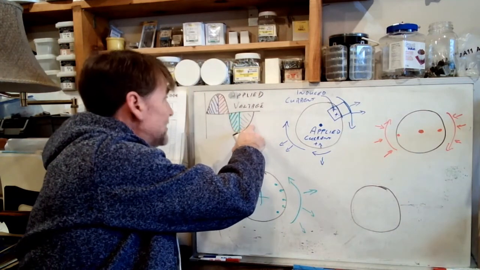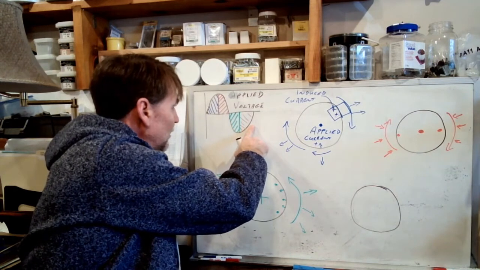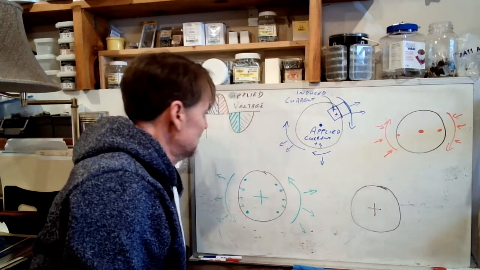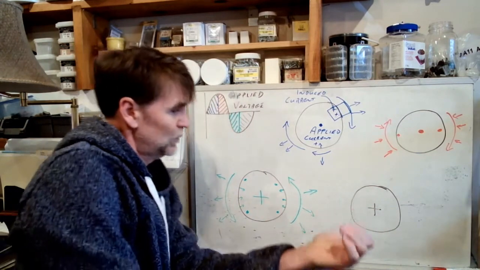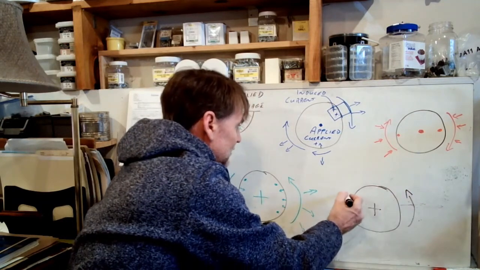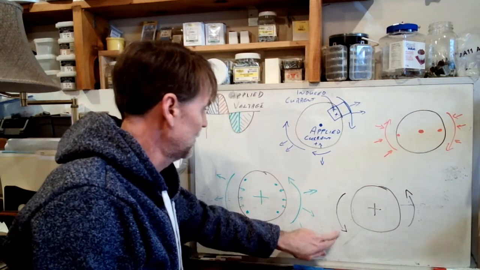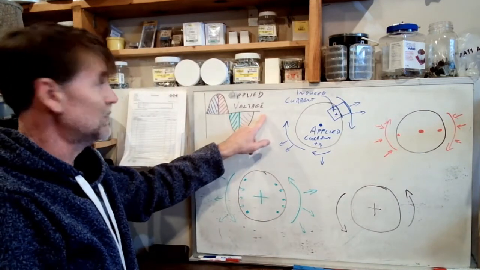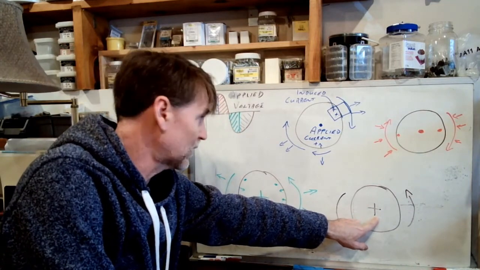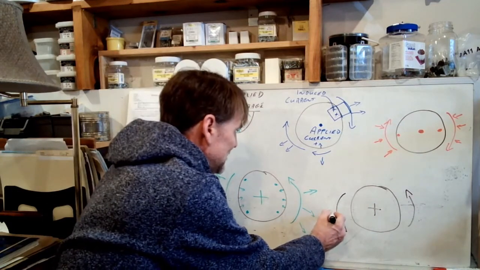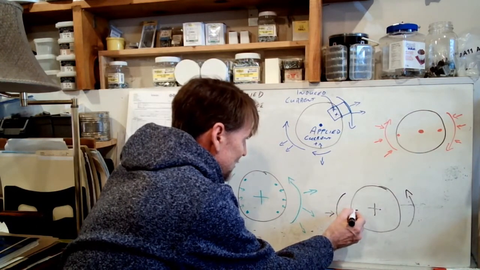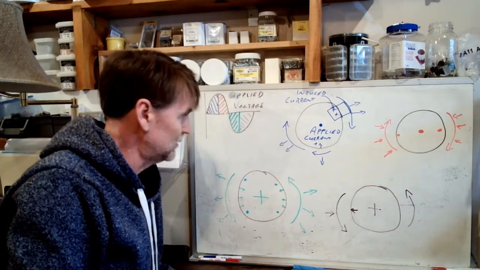Still a negative voltage, which means the applied current is still going to be going into the board away from us, which means our left-hand rule finds the lines of flux going this way around the conductor. Okay, we have a reduction in the applied voltage, which means we're going to have a reduction in the applied current, which means we're going to have a collapsing magnetic field, which means this edge of the conductor is going to be moving in this direction out towards that collapsing magnetic field.